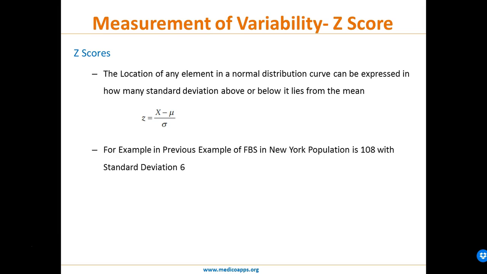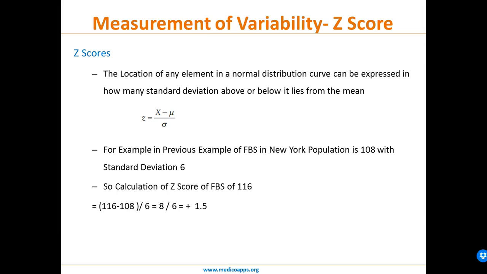Let's see an example. In the previous example, we saw that fasting blood sugar in a New York population is 108 with a standard deviation of 6. So what is the Z-score of 116? If a person comes with a fasting blood sugar of 116, what will be his Z-score? Let's start calculating. Z-score is 116 minus 108, which is the mean, divided by 6, which is the standard deviation.